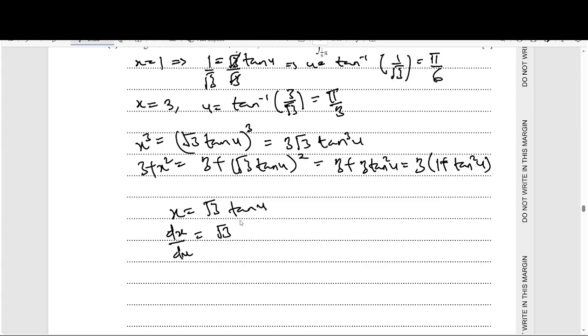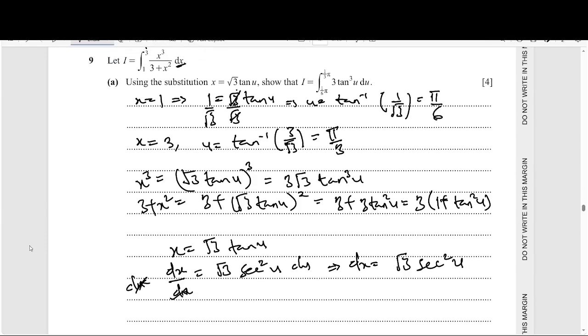You can check from the formula page, and then you realize the value is sec squared u, right? Multiply both sides by du, so du here cancels du here, and we realize that dx is equal to root 3 sec squared u.